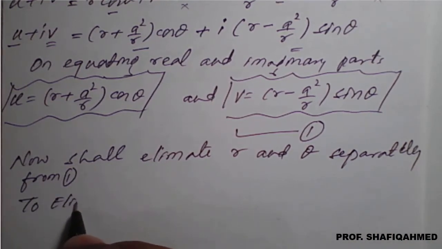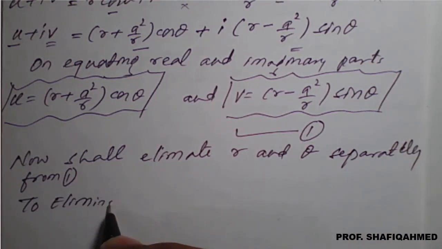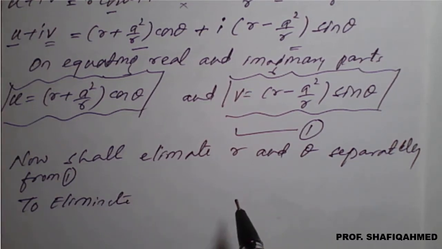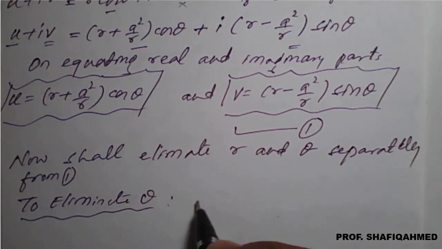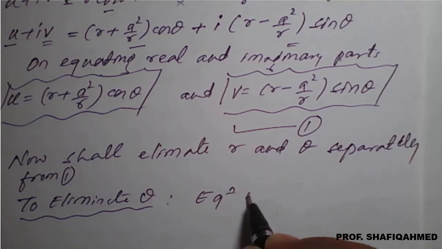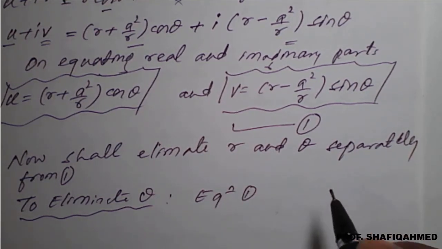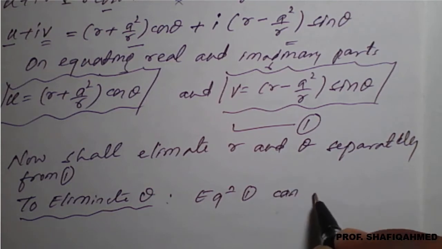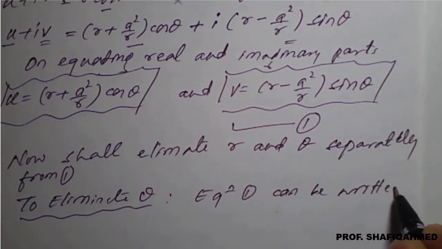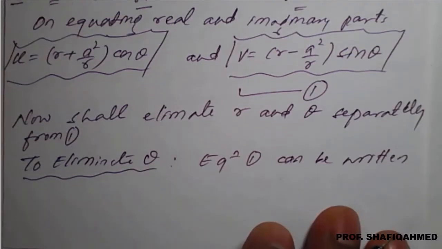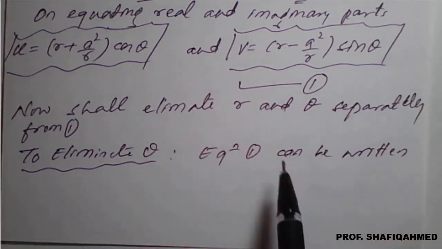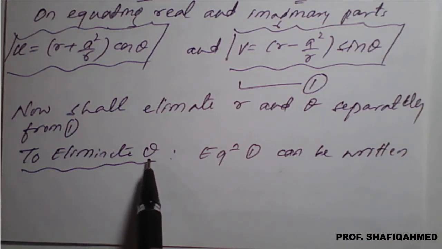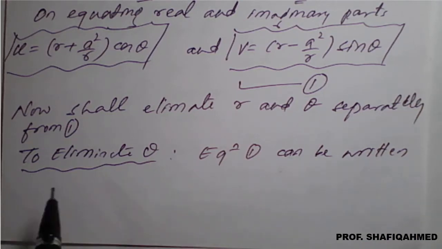To eliminate θ, equation 1 can be written as follows. Because our aim is to eliminate θ, we keep the θ term on the right side and shift all the remaining terms to the left hand side.